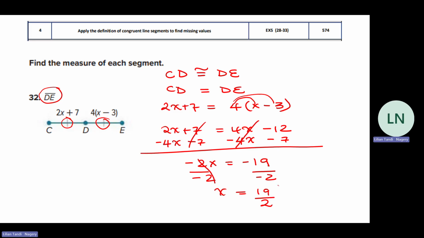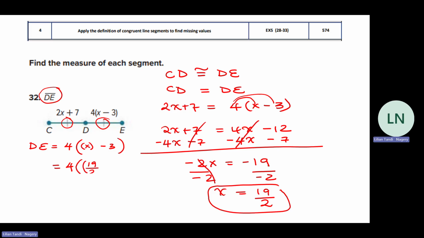Okay, this is X. This is not what I want. I want DE. So I will do here DE equals 4 parentheses X minus 3 close parentheses. So this will be 4 parentheses 19 divided by 2 minus 3. According to PEMDAS, solve the parentheses first.